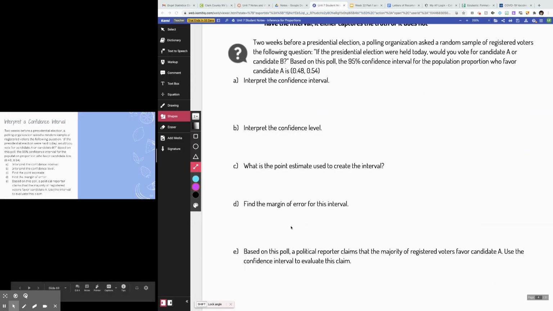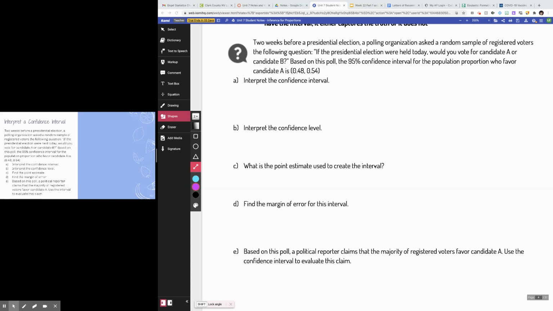Okay, so here's our example. Two weeks before a presidential election, a polling organization asked a random sample of registered voters this question. If the presidential election were held today, would you vote for candidate A or candidate B? Based on the poll, the 95% confidence interval for the population proportion who favor candidate A is 48% to 54%, so 0.48 to 0.54.